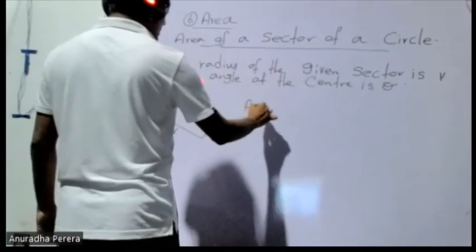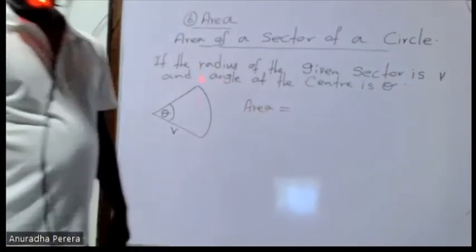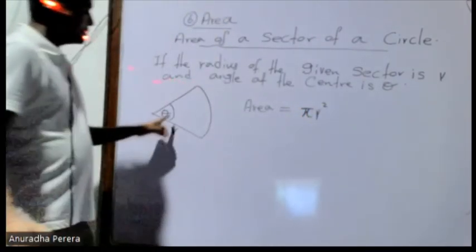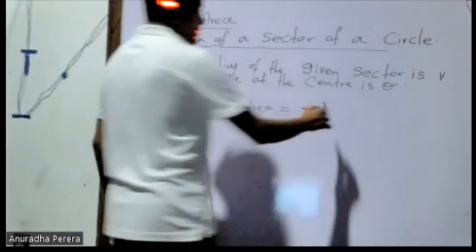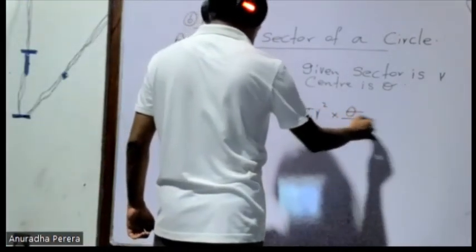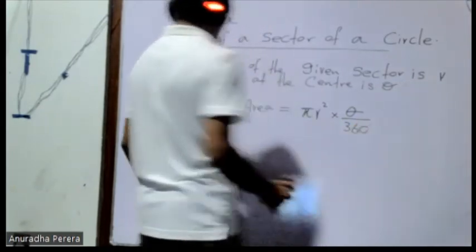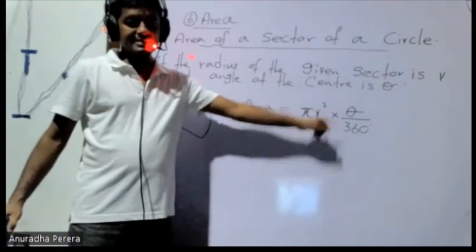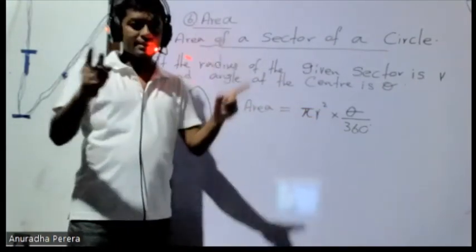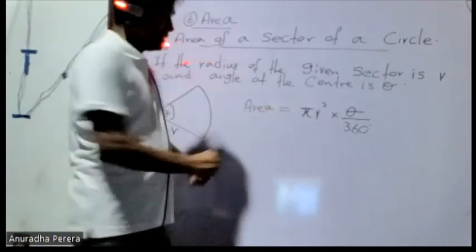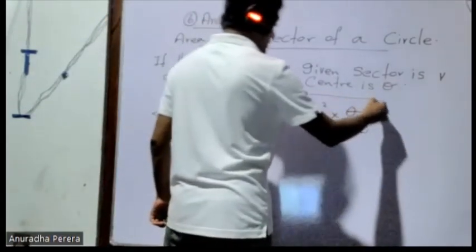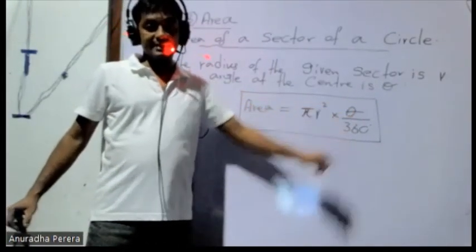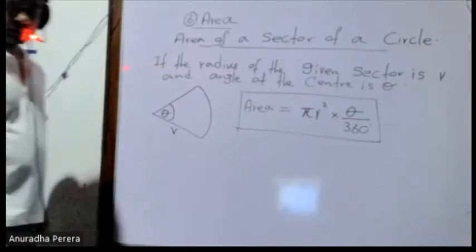Area equals, you know, if this one is a full circle, we use pi r squared, but this is a part of a circle. This depends on the angle at the center. Theta over 360. This gives the answer. Pi r squared, a part of a circle, theta over 360, like circumference. Arc length, when finding it, is 2 pi r into theta over 360. When finding area, the same thing. This is a part of a circle. This depends on the angle at the center. Write it down.